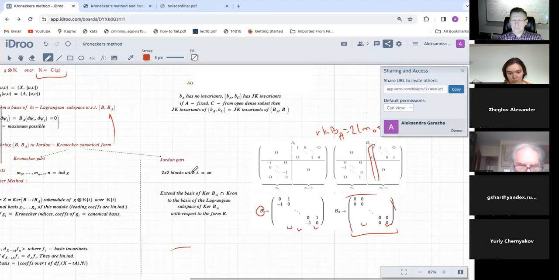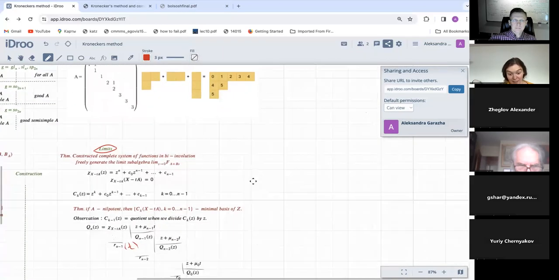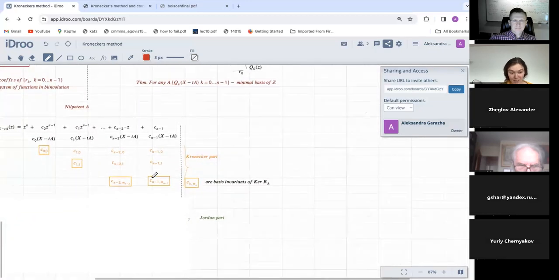So to find the Jordan part, we have to take all these vectors because they also belong to the kernel of BA, and then extend these vectors to a Lagrangian subspace of the kernel with respect to the form B.